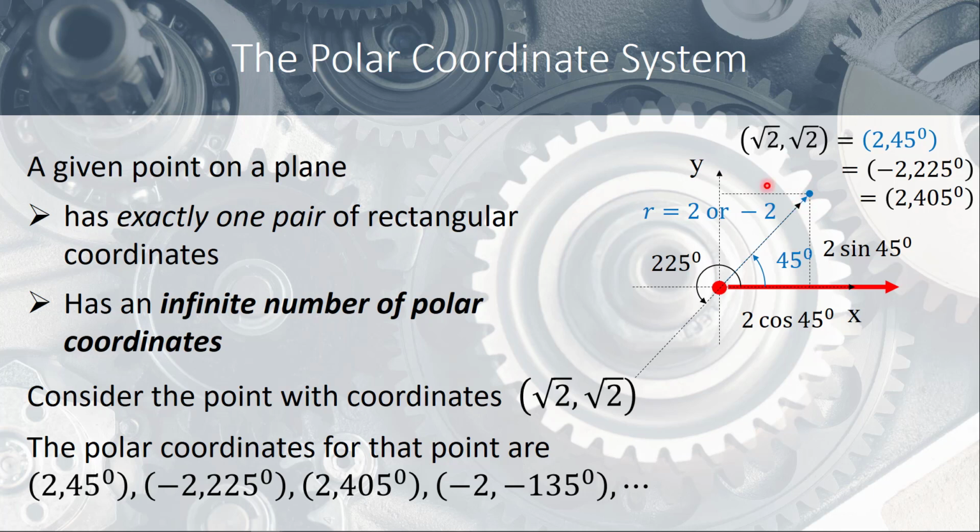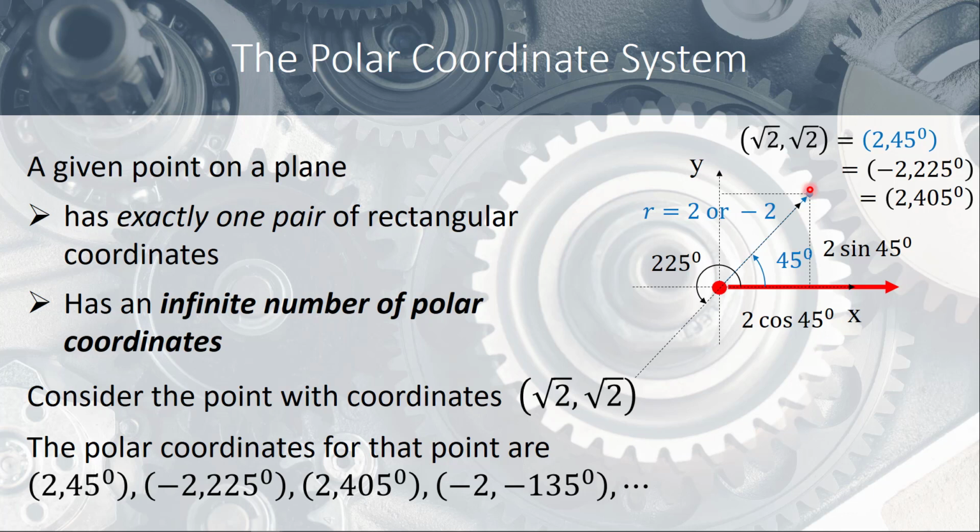For example, here is the point (root 2, root 2). It has a magnitude, or an r, of 2, and its base angle is 45 degrees. However, not only will the coordinate (2, 45 degrees) describe that point, (2, any angle coterminal with 45 degrees), such as 405, 765, and so forth, describes the exact same point.